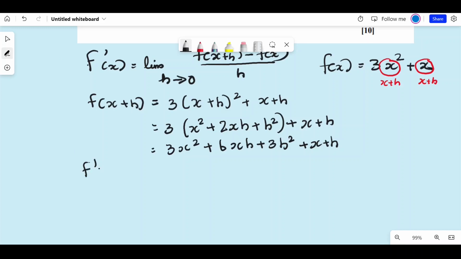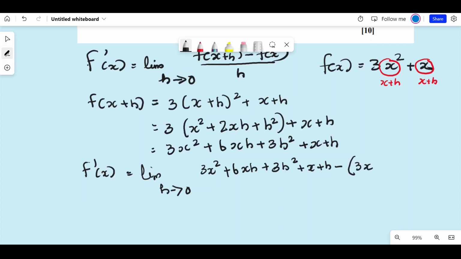Now we are going to substitute this in the above formula, which is f prime x equal to limit h tends to 0 of f(x plus h), which is 3x square plus 6xh plus 3h square plus x plus h, minus f(x). Don't forget to put the bracket there. 3x square plus x, that was our f(x), the whole divided by h.